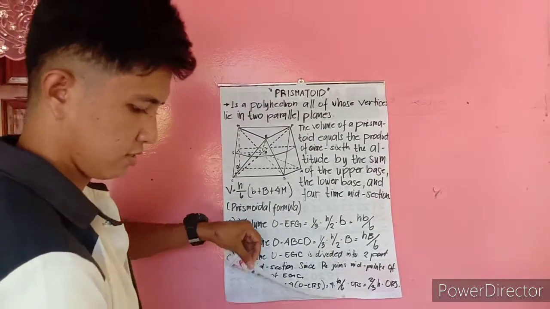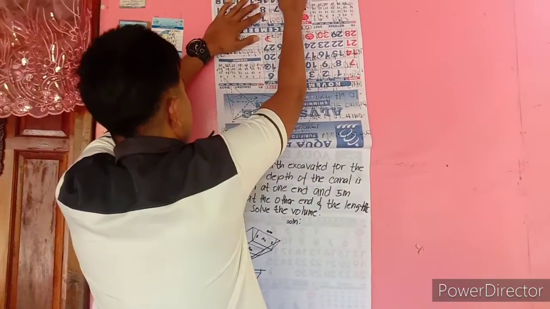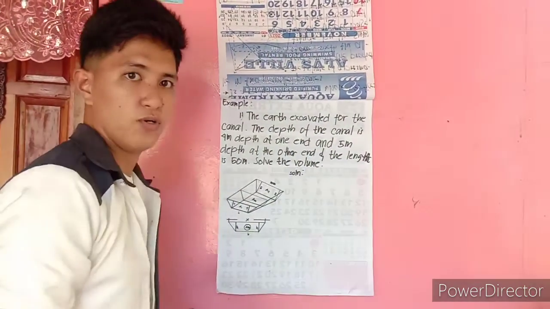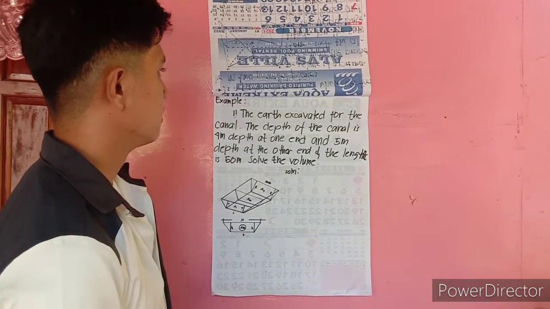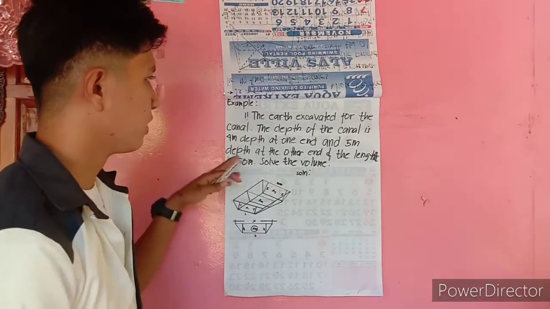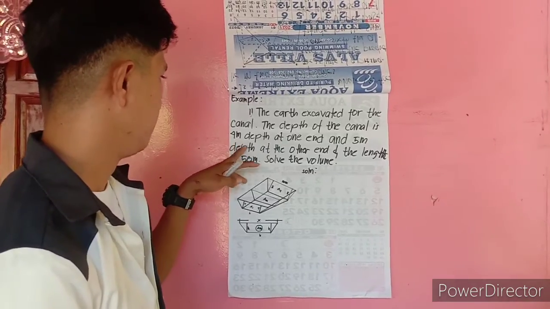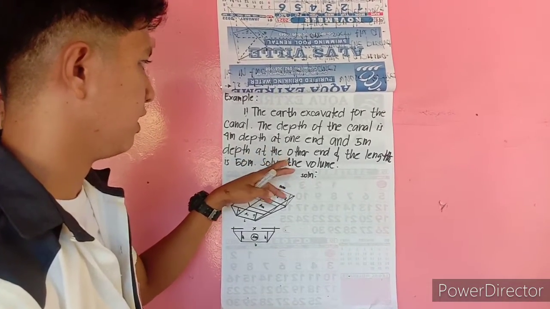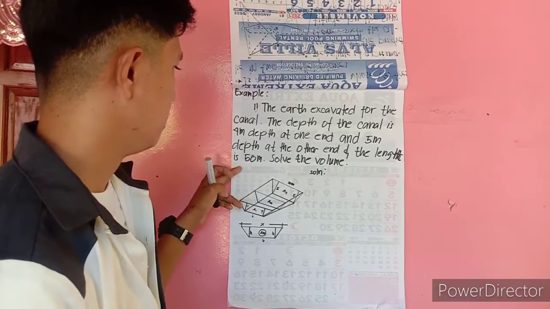So let's get a sample. Sample number 1. The earth excavated for a canal. The depth of the canal is 4 meters deep at one end and 5 meters deep at the other end, and the length is 50 meters.